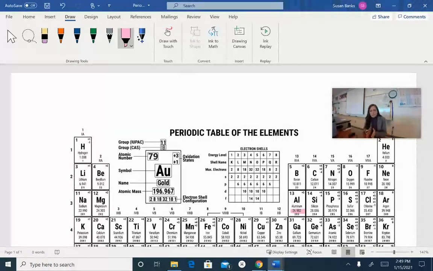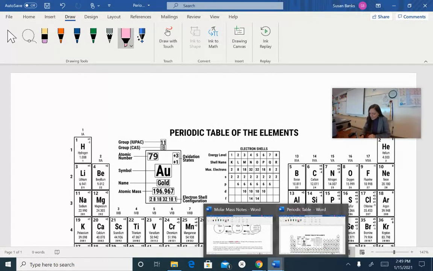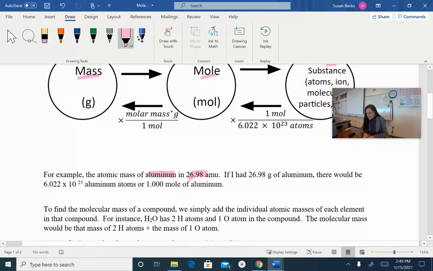Now if I convert those atomic mass units to grams, 26.98 grams of aluminum will give me a mole of aluminum. It will give me 6.02 times 10 to the 23 atoms of aluminum. So that is the concept of the mole. We're getting these masses right off of the periodic table.